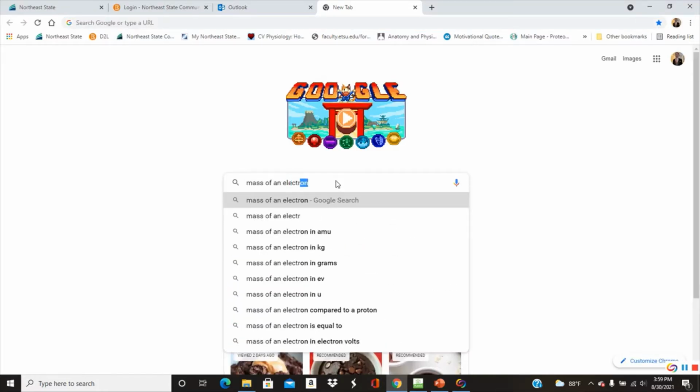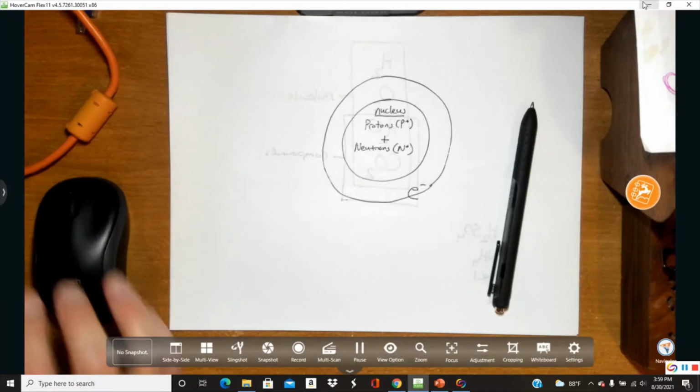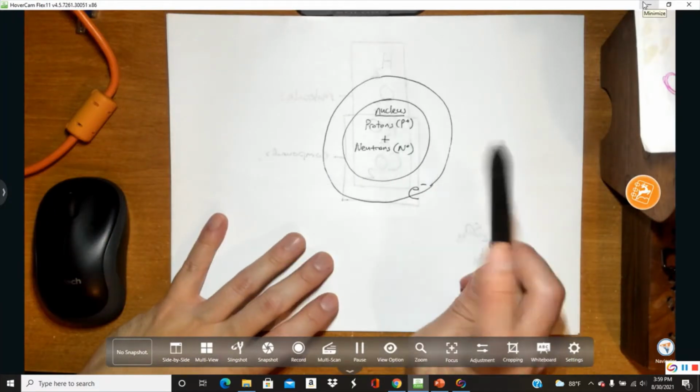The mass of an electron in kilograms is 9.109 times 10 to the negative 31 power. It weighs about 0.000548 atomic mass units. It weighs barely a fraction of what any of these things weigh. So little.